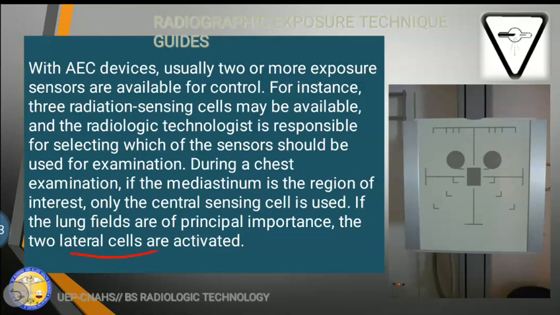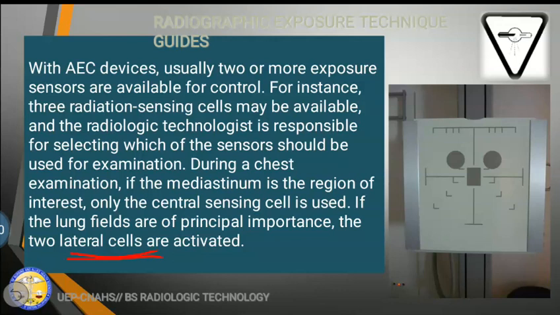lateral cells. Yun. So, another thing na mangyayari is, halimbawa, nag-skull x-ray ka tapos na-click mo doon sa console 2 lateral cells, walang mangyayari sa film. Walang ma-expose. Halimbawa naman, nag-chest x-ray ka tapos double yung na-click mo, 2 lateral cells tapos central, overexposed yung film. Ganon siya ka-sensitive.